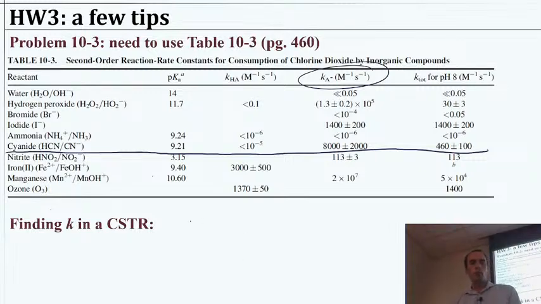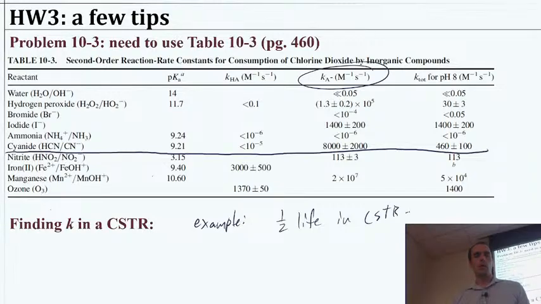The question I received was with relevance to how you might go about finding a K given a CSTR, which that problem has. So just a quick reminder, this is not what you need to be doing for that problem because you're given the K. But if we imagined we were given, let's say, a half-life, in a CSTR context, can we work with that?